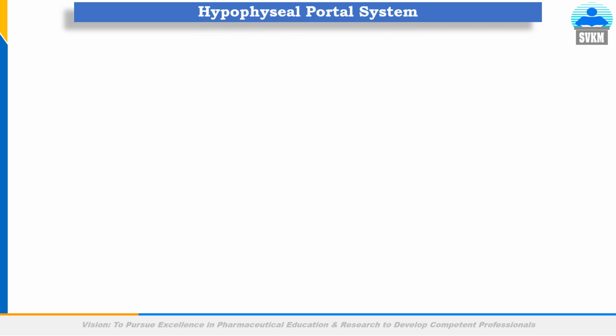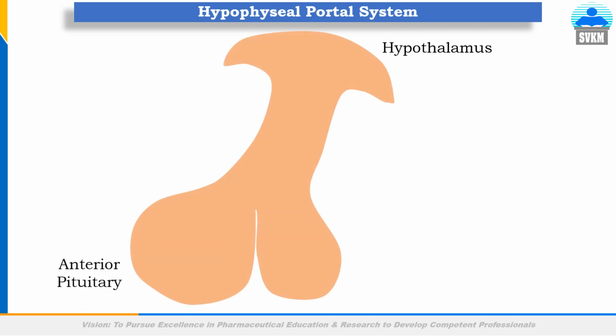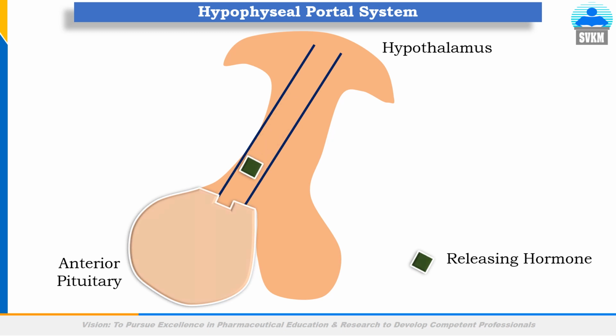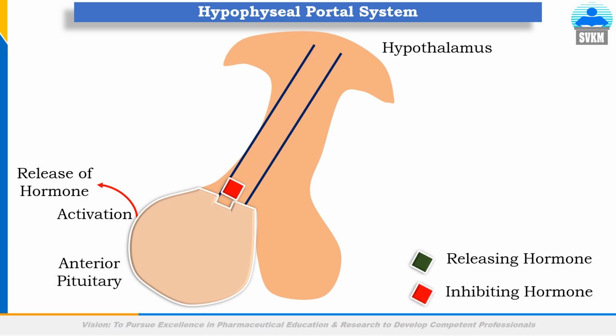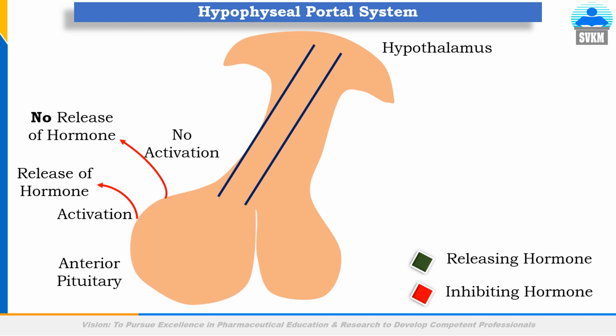Now the hypophyseal portal system. The hypothalamus has some neurosecretory cells that secrete the releasing hormone, and that activates the anterior pituitary gland, and therefore there is a release of the hormone into the circulation. Likewise, the hypothalamus also releases the inhibiting hormones, and therefore there is no activation of the anterior pituitary cells.